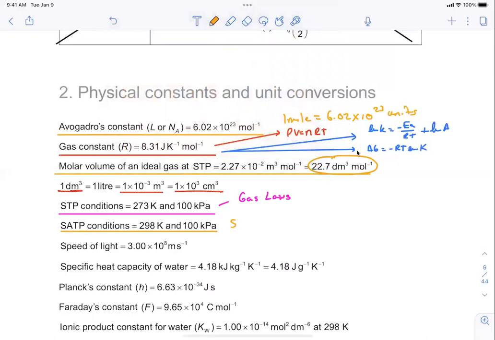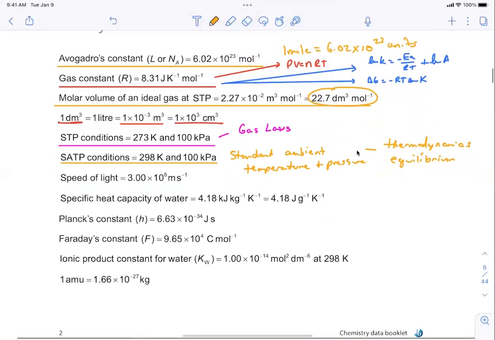SATP is standard ambient temperature and pressure. So this is for thermo, your delta H, and like equilibrium and things like that. Because those are the realistic ones.